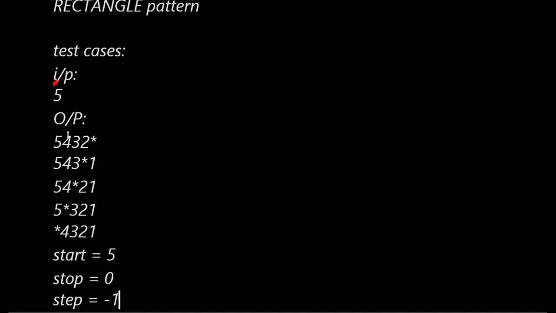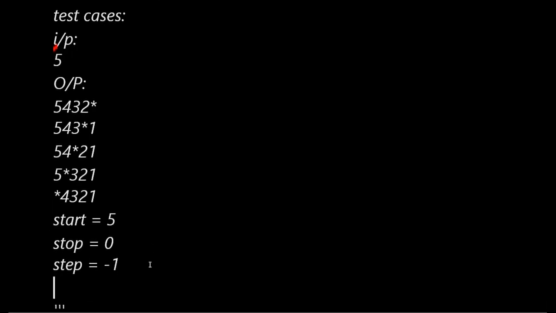If I moved to 4, when I increase my step by -1, 4 again moves to 3. Whenever I increase my step by -1, 3 moves to 2. Whenever I'm increasing, I'm adding my value with my step.